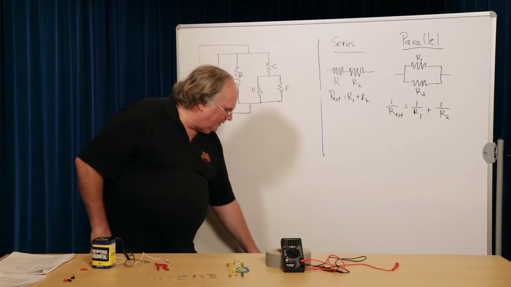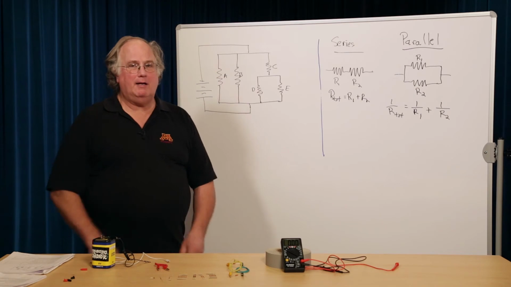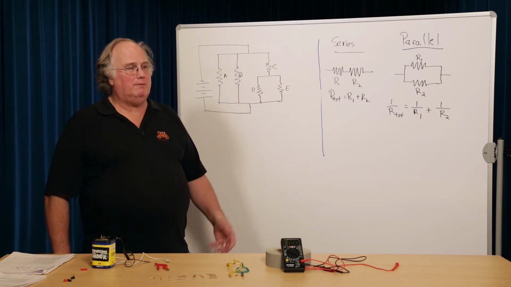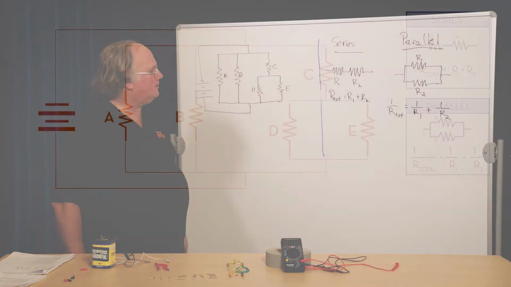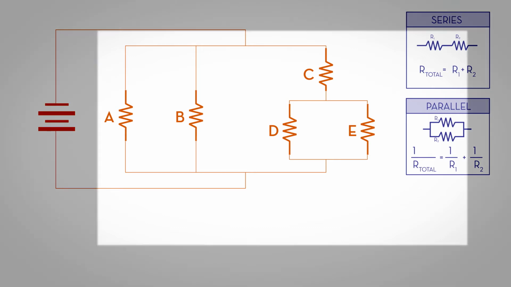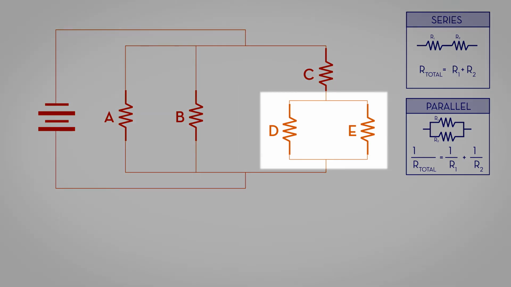The idea is you just start breaking it up into pieces and figuring out equivalent resistance for that. So if we have this network, the smallest piece I can find in here would be, say, right here. These two resistors, D and E, are combined in parallel.